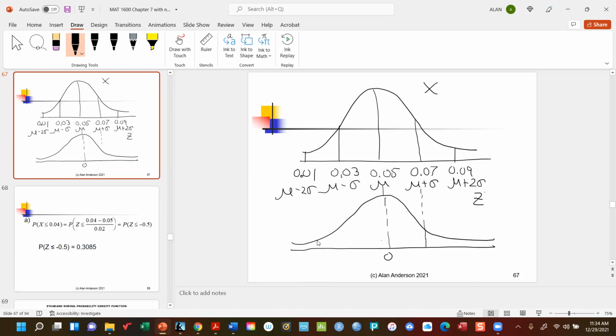This term represents 1 standard deviation above the mean. And this is 2. This is -1.